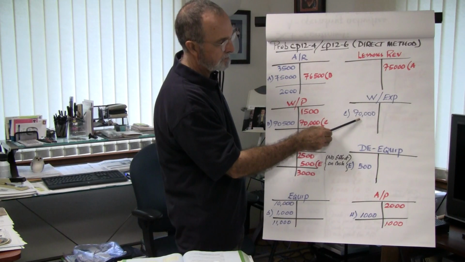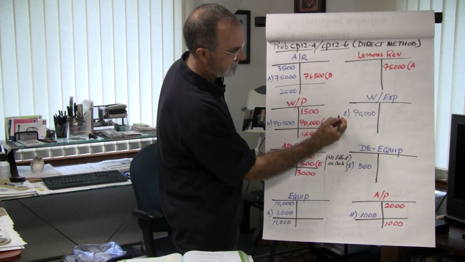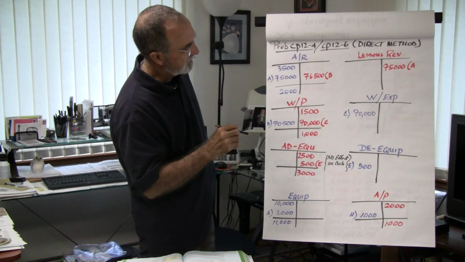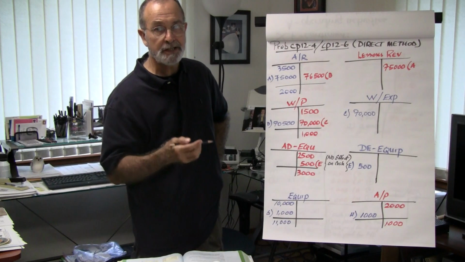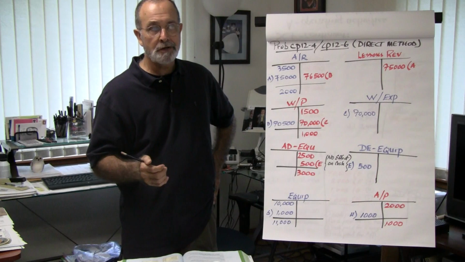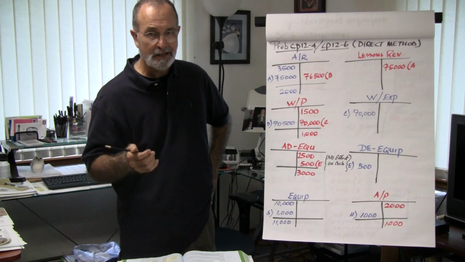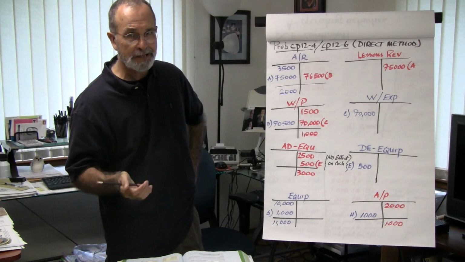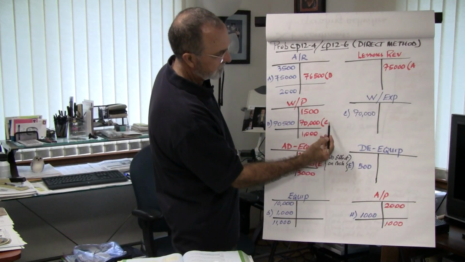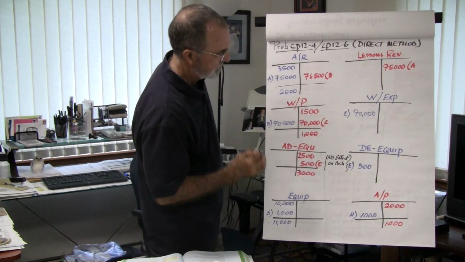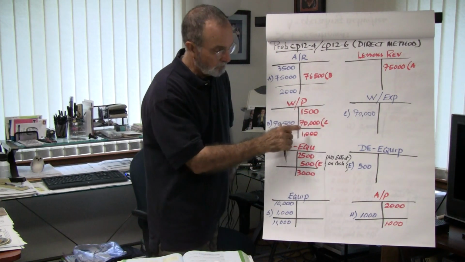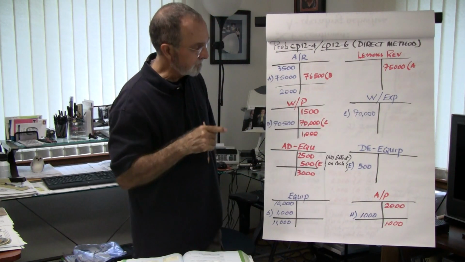Wages expense is a debit of $70,000, and so we list that as item C. And our offsetting credit, again, assuming that transactions occur on credit unless otherwise stated, would be a credit to wages payable. So the transaction would be debit wages expense, $70,000, credit wages payable, $70,000.